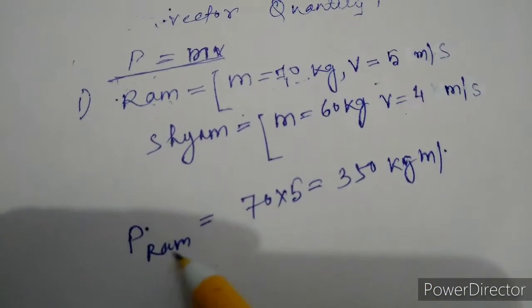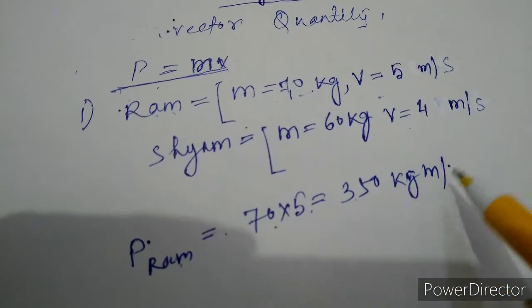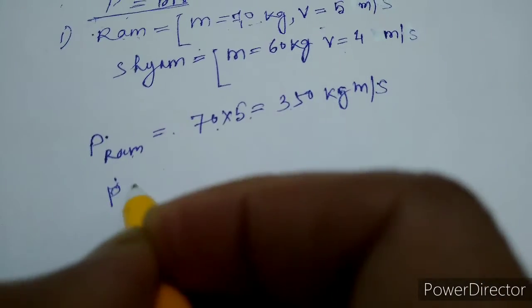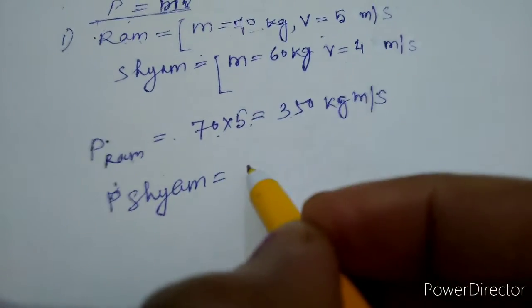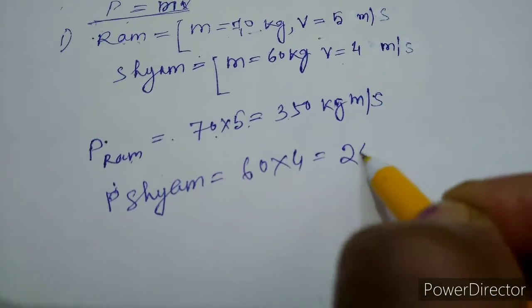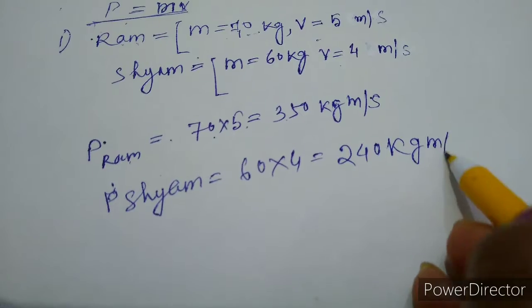The question will be to compare their momentum. So you will write P Ram is equal to 70 into 5, that is 350 kg meter per second, and P Sam is equal to 60 into 4, that is equal to this much kg meter per second.